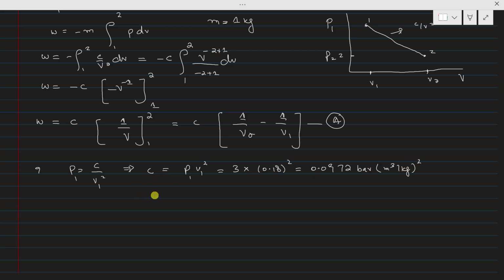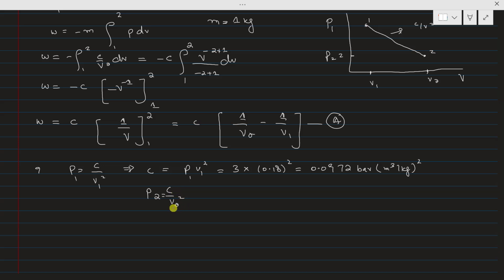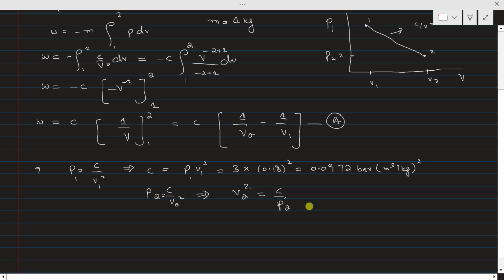And then for V2, I can write this equation by substituting P2 equal to C divided by V2 square. Now the C value is constant. We need to find the specific volume V2, and for simplification we can write V2 square is equal to C divided by P2. Further, take the square root.